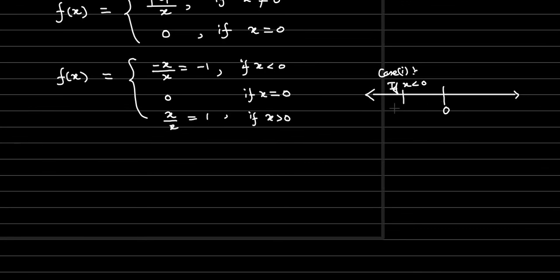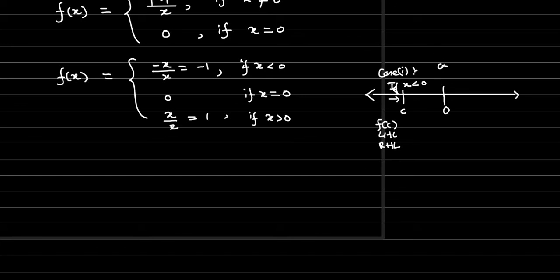So we can have a common name like c. So f of c has to be found, the left hand limit, and the right hand limit. All three things have to be checked. If all three are the same, then we can say that for x less than 0, the function is continuous, otherwise it's discontinuous.